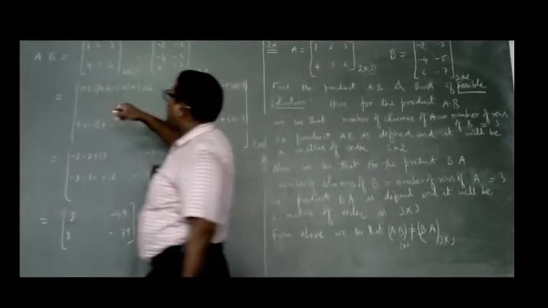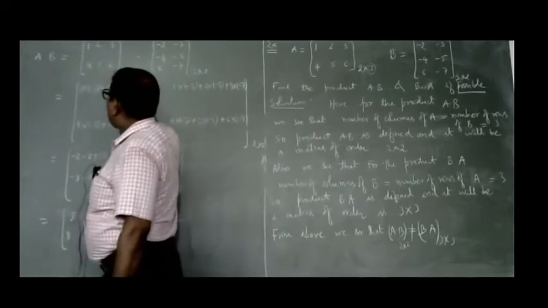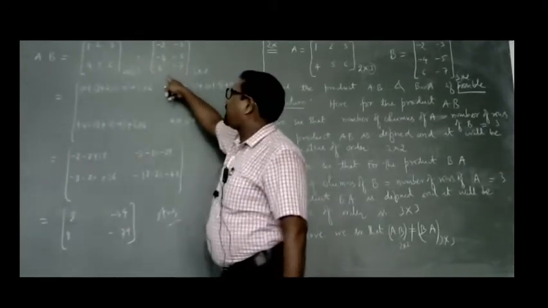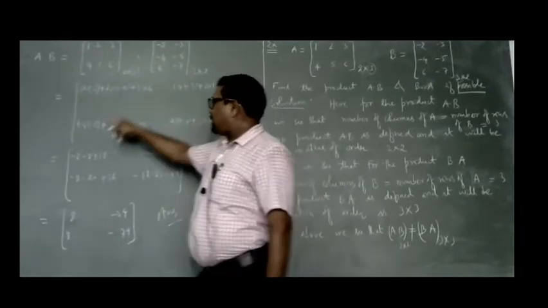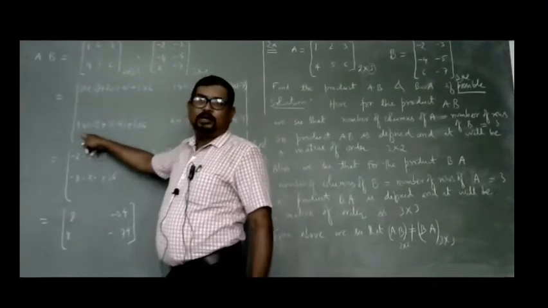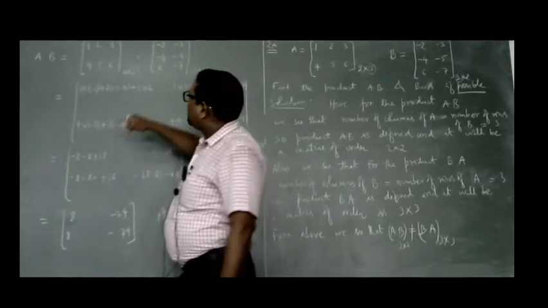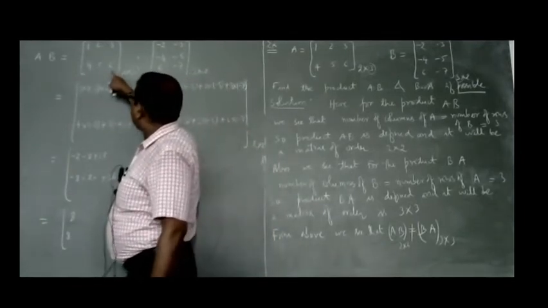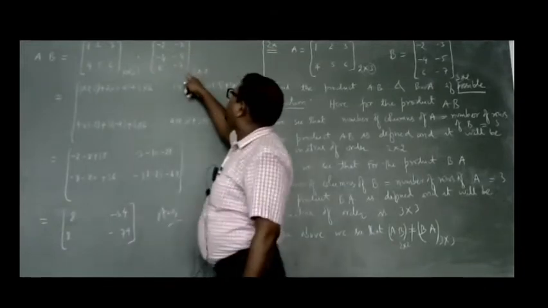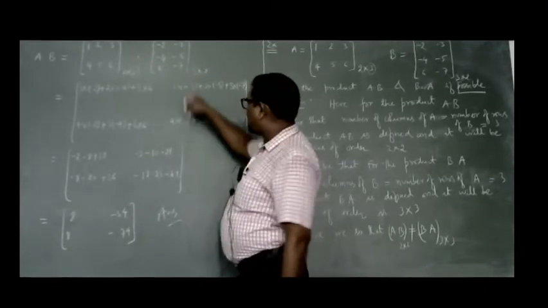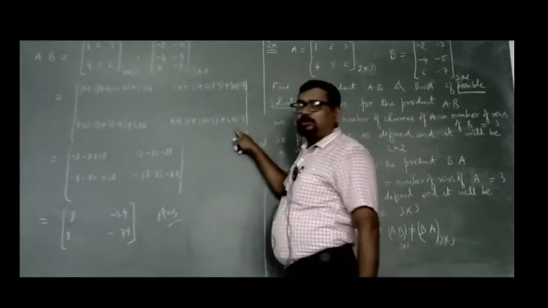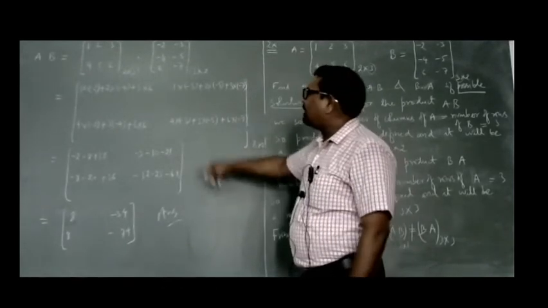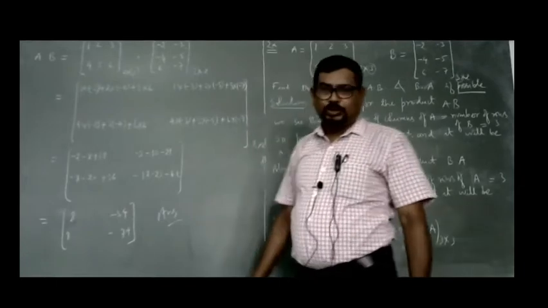Whereas when you multiply the second row of the pre-multiplier to the first column of the post-multiplier, you will get the second row and first column element of the product. When you multiply the second row of the pre-multiplier to the second column of the post-multiplier, you will get the second row and second column element of the product. In this way, you can find A into B.